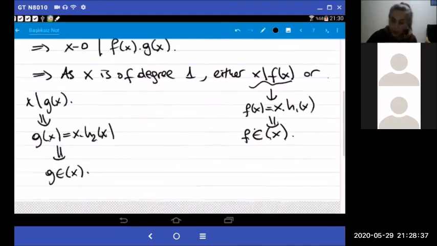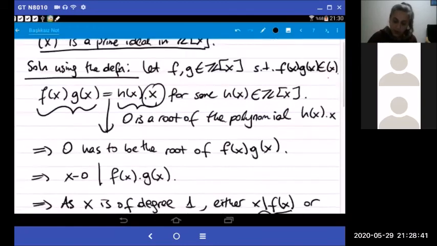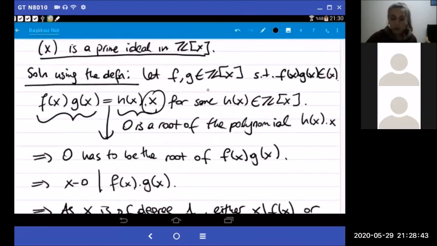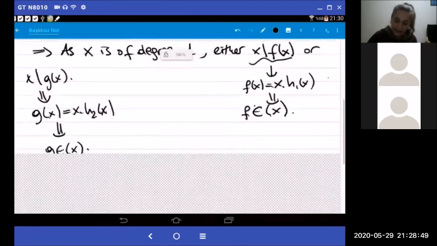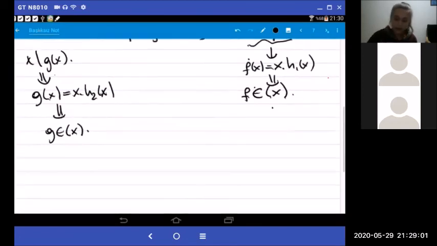So in each case, at first we took two polynomials, f and g, such that the product lies in the ideal generated by x, and at the end, we have found that either f lies in the ideal generated by x, or g lies in the ideal generated by x. Hence, this ideal is a prime ideal.